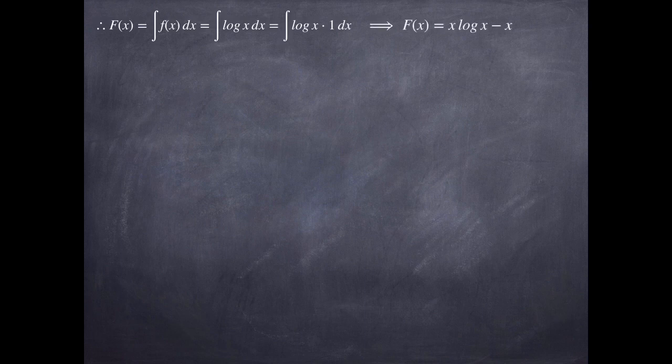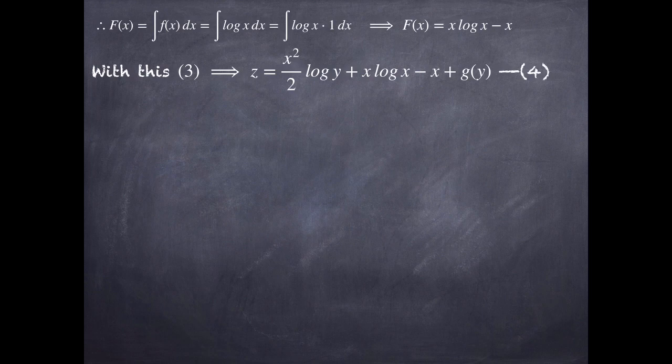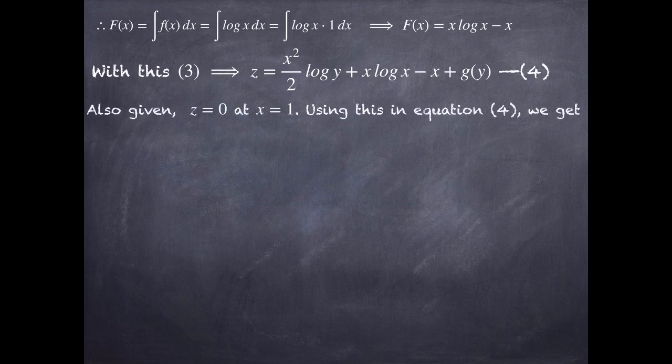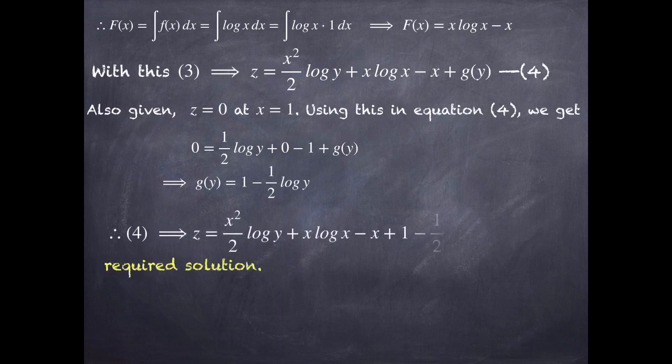We get F(x) = x log x − x. So equation number 3 implies z = (x²/2) log y + x log x − x + g(y). Also given z = 0 at x = 1. Using equation number 4, we can find the value of g(y). We will get 1 − (1/2) log y. Substitute g(y) in equation number 4, and we get the final solution.